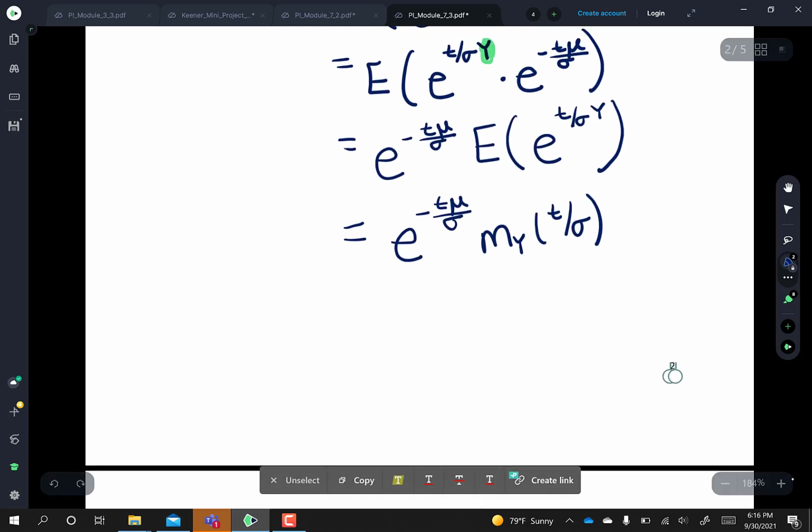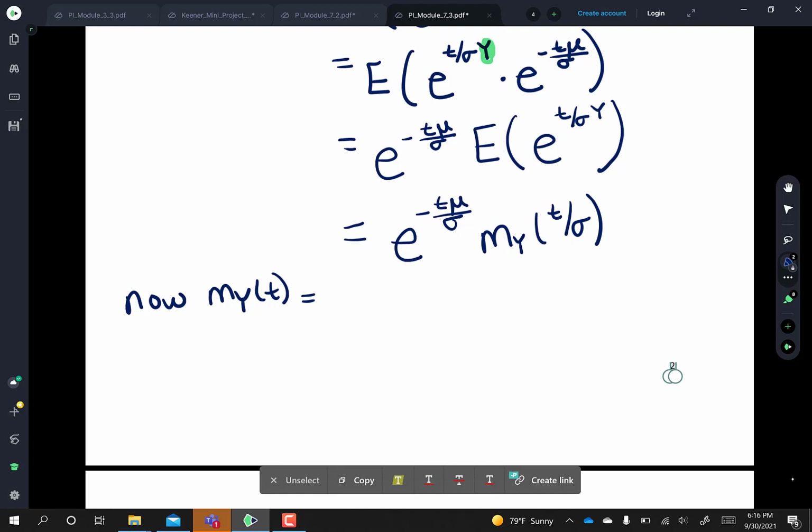The next thing we need to know is what the moment generating function of a normal random variable is. The reason we need that is we were given up at the top that y is distributed normal. We can find the moment generating function for a normal distribution a couple different ways. We could go to Wikipedia and look that up.